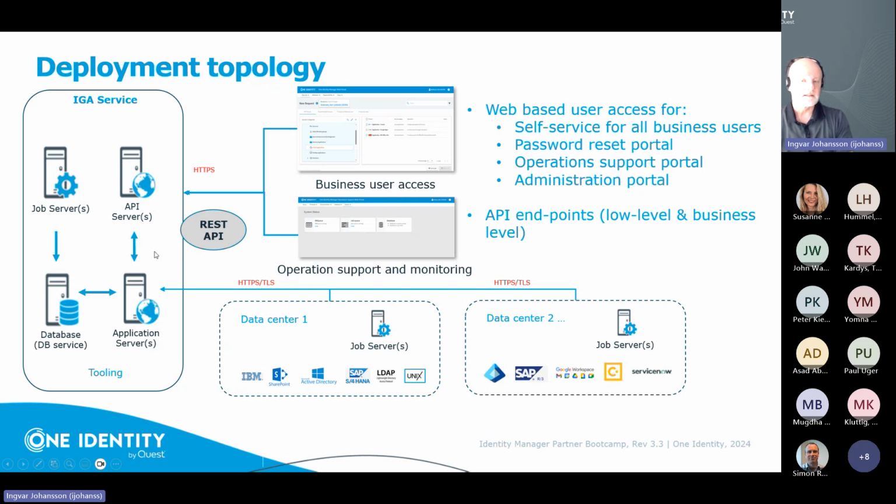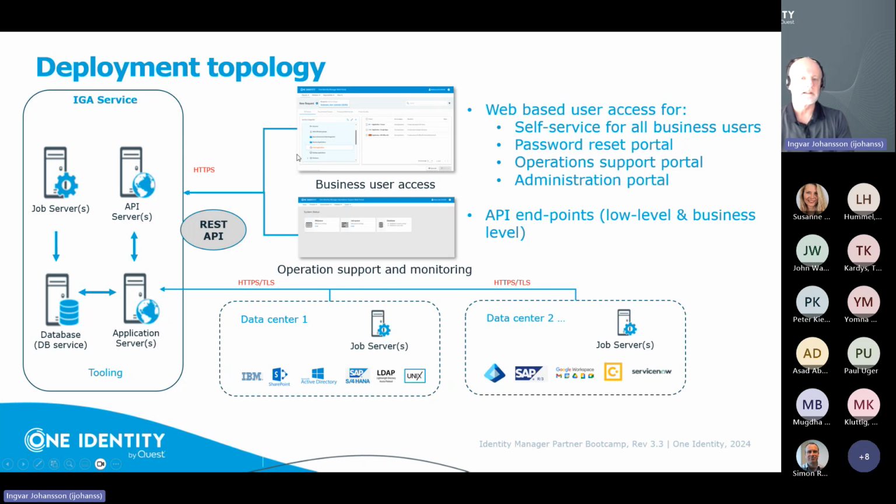Now, if you deploy it like this, you have a full deployment and a couple of data centers, and this service may be running in one of those two data centers, and we provide end user access, tool access, the operation support portal, password self-service, and anything that they want to have as the users.